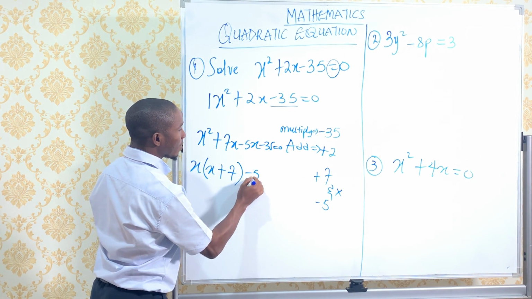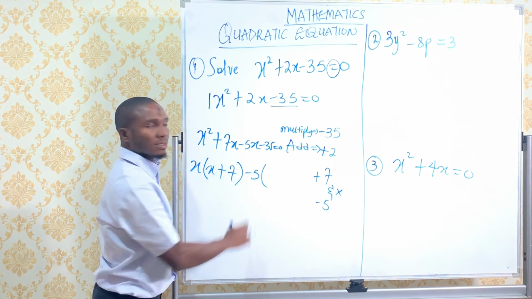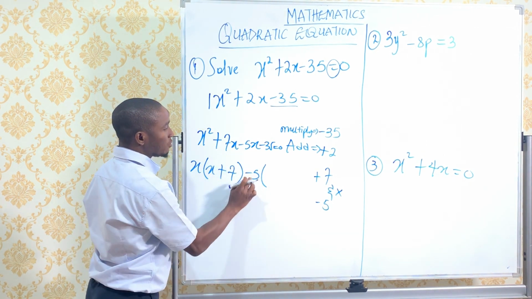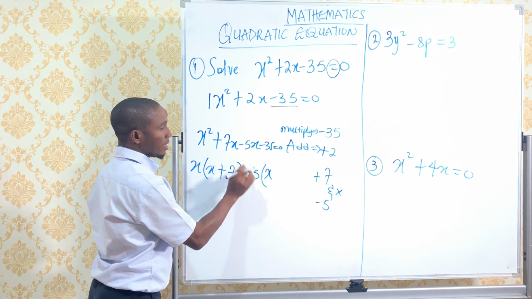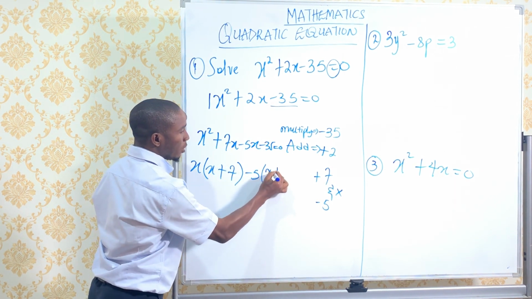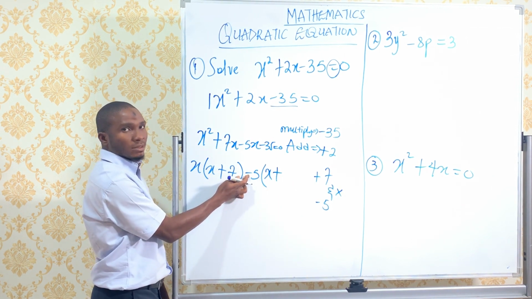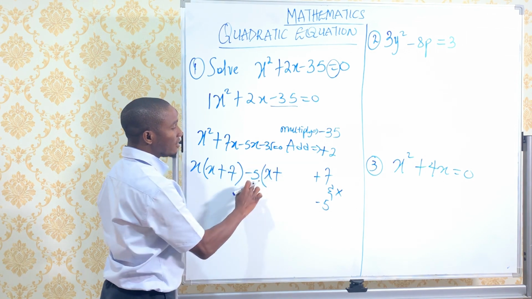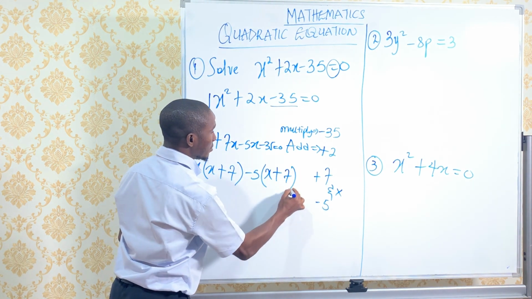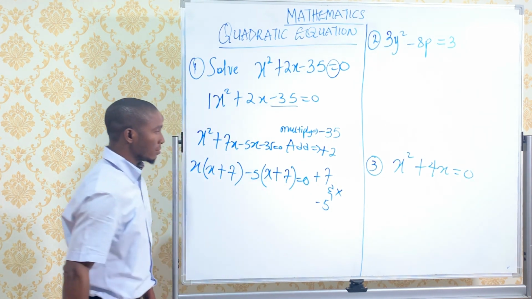Minus 5 is common between 5 and 35. So here we are left with x, because 5 is already out. Minus becomes plus, because there's a minus outside the bracket, you have to change the sign inside the bracket. 35 divided by 5 will give us 7. It still equals 0.